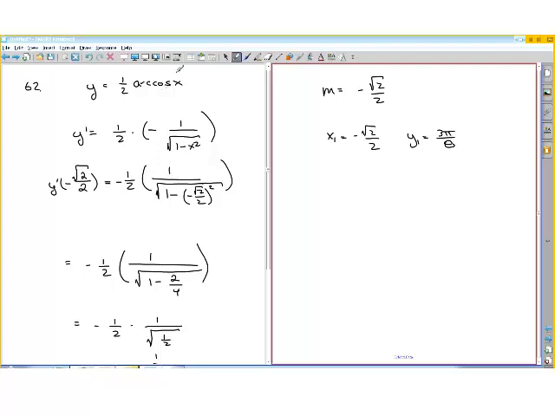Anyway, you would get this answer if you plug that in here. Yeah, so let's just do it to prove it. You take 1/2 times the arc cosine of negative the square root of 2 over 2.